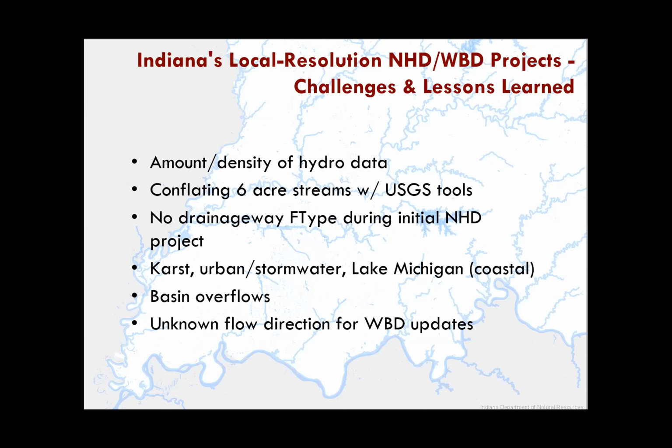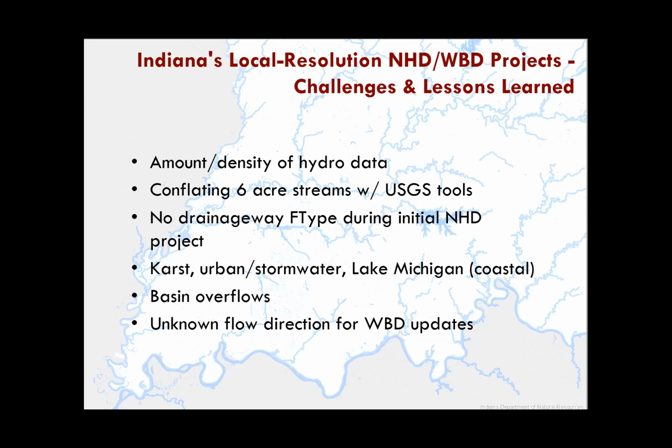And then how we deal with Lake Michigan kind of works into that same question, because our shoreline of Lake Michigan, at least towards the Lake County and Gary area, is pretty well developed. So you have both the urban and the lake shore issues running into that, and that area also is interesting for unknown flow direction.